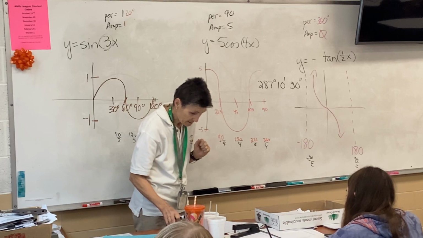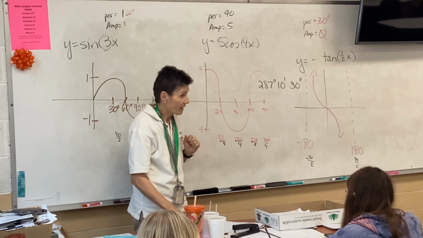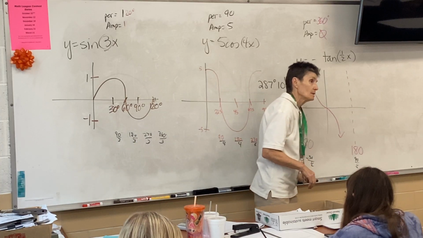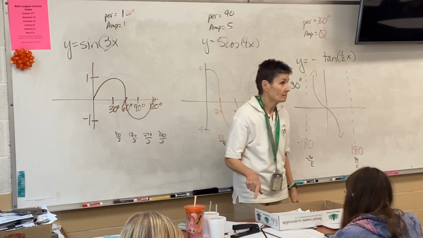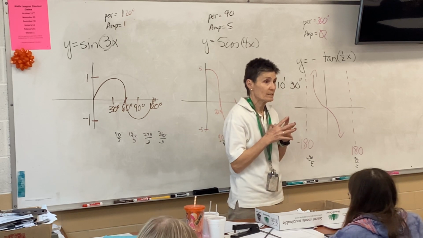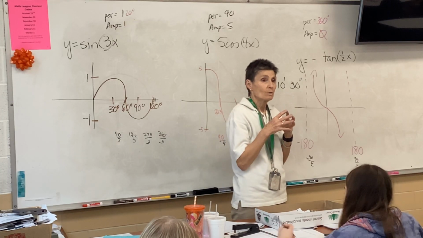Now, let's take a look at problem number 9. Now, when we did our test, we're going to have a problem that looks just like that. What is the very first thing you're going to do when you get to problem 9, or what's 9 on here?